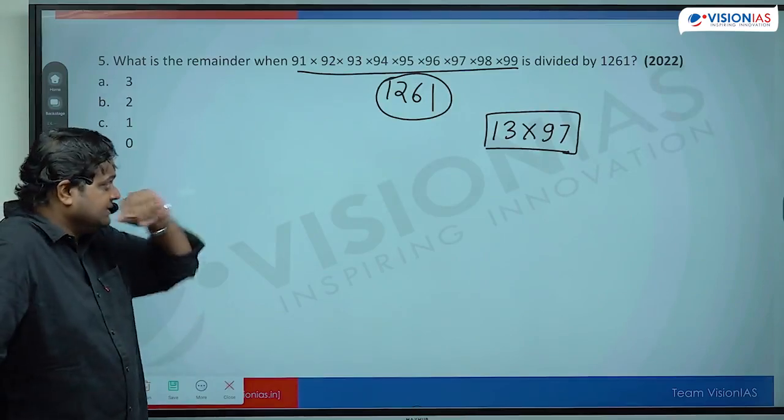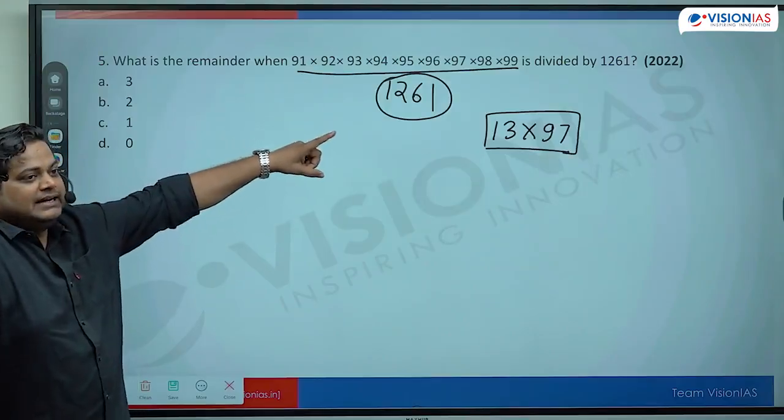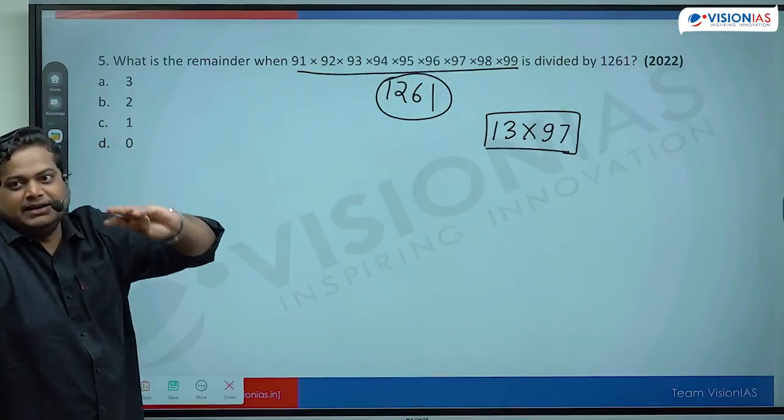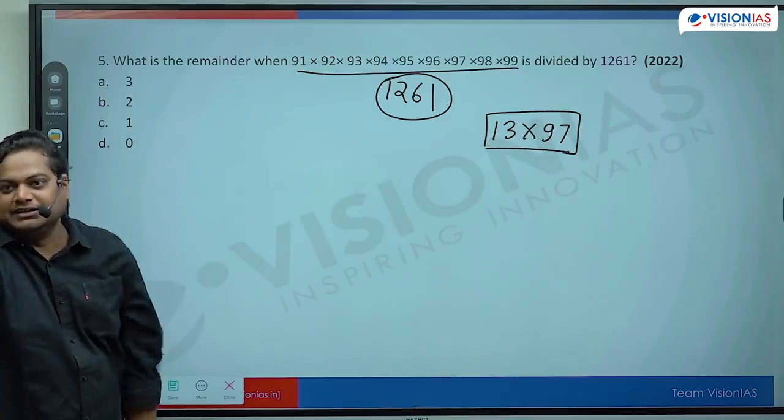But if questions are coming this way, take 13, take 11, take 17, take 19. You must check these 4 numbers.